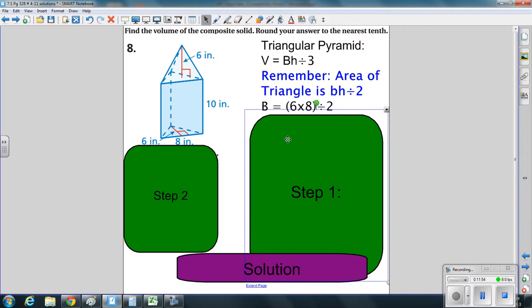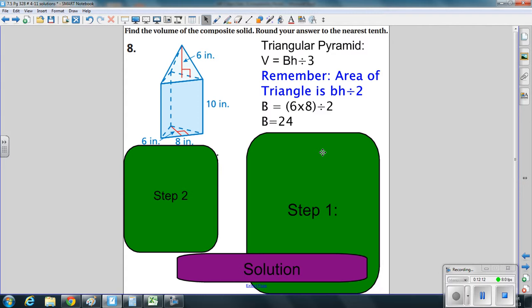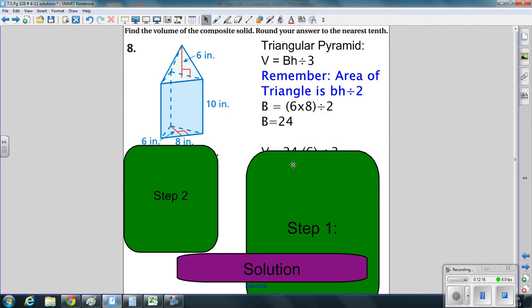So here we go. The area of the base, this one, is exactly the same as this one. So it's easier to look at the bottom because it's more neatly labeled. So base is 8, height is 6, so 6 times 8 is 48. Divide by 2, we get an answer of 24. All right, that's just the area of the base.